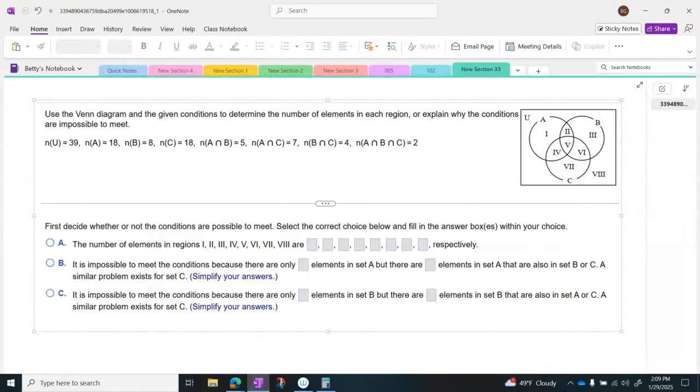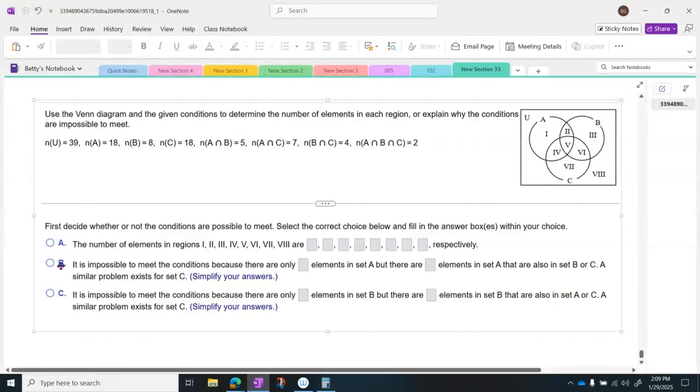We are also given some information, and those numbers are randomly generated. That's why sometimes you choose A, sometimes you choose B. In my case, the universal set contains 39 elements. A has 18 elements. B has 8 elements. C has 18.